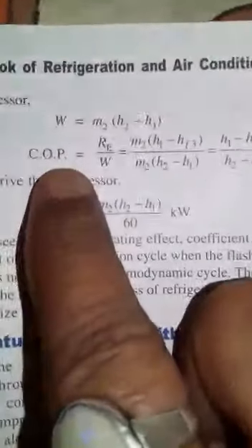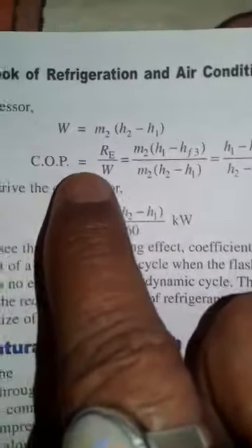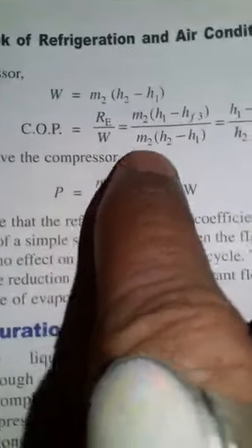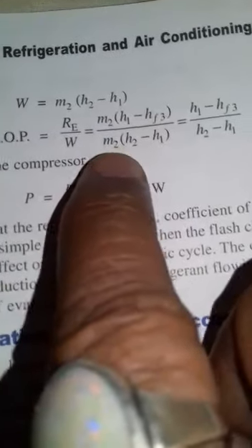Therefore, COP will be equal to RE upon W, M2 into H1 minus HF3, that is the refrigerating effect, divided by the mechanical work by the compressor M2 into H2 minus H1. M2 gets cancelled, and what is left is H1 minus HF3 divided by H2 minus H1.